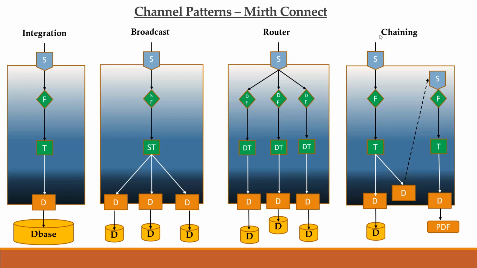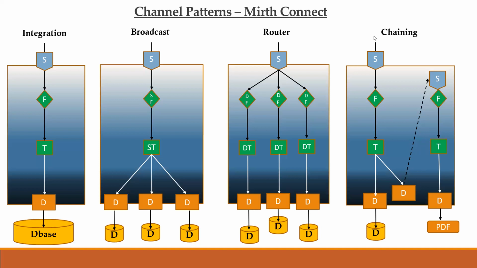So whenever you receive the result, you will be processing the result and sending that result information to two different destinations. Destination one, which will write the data to the database. Destination two, which will actually route the message to another channel that is present within Mirth Connect.